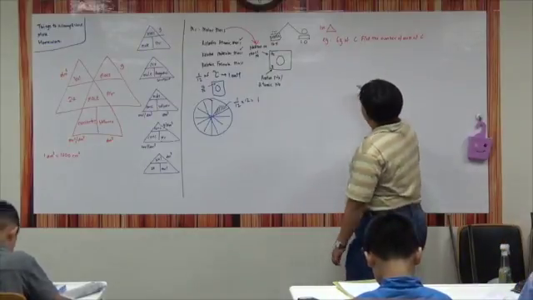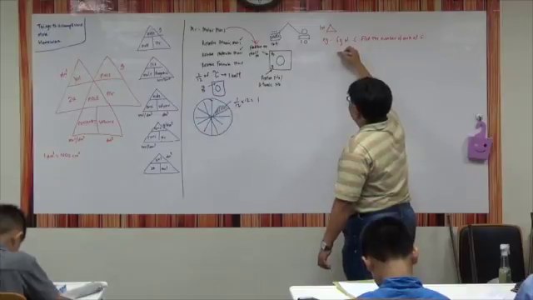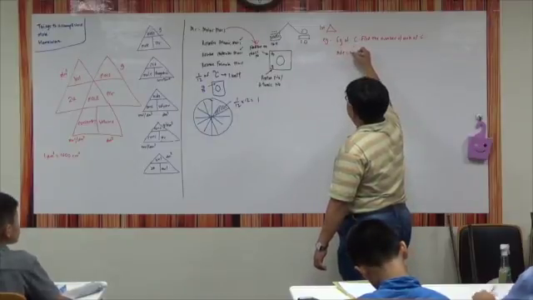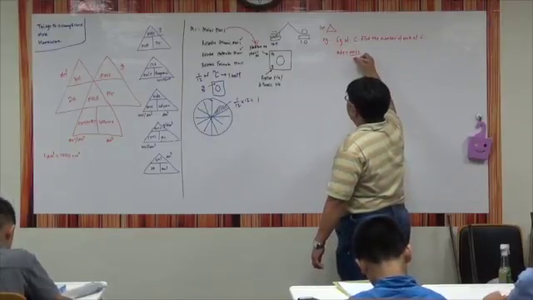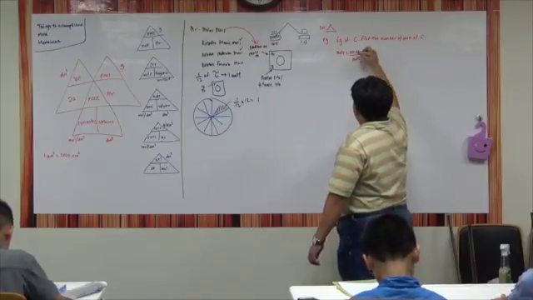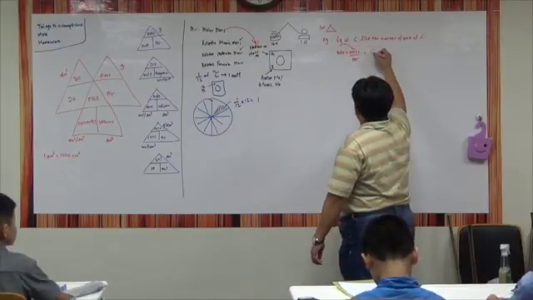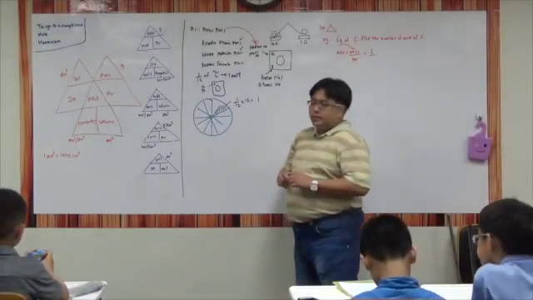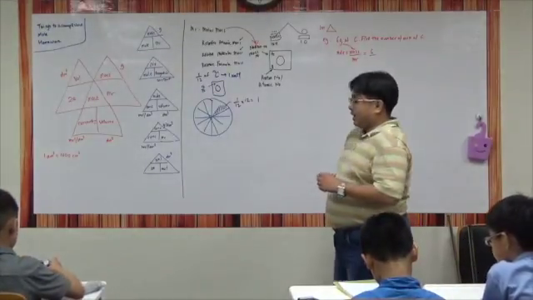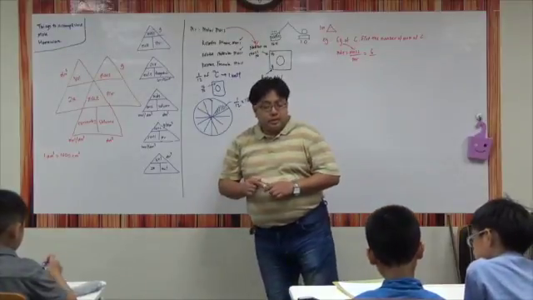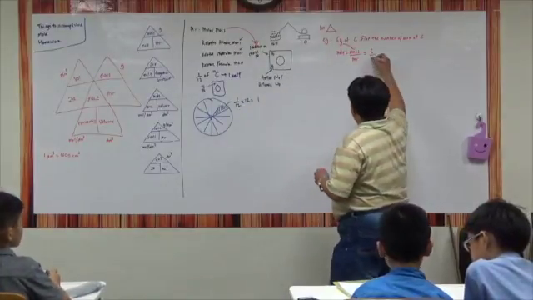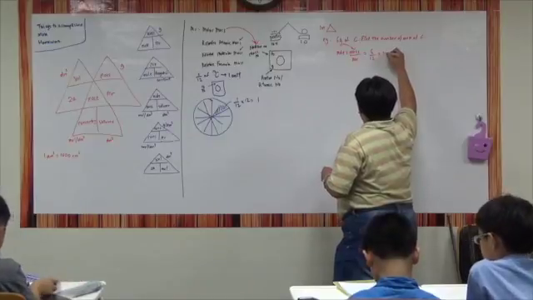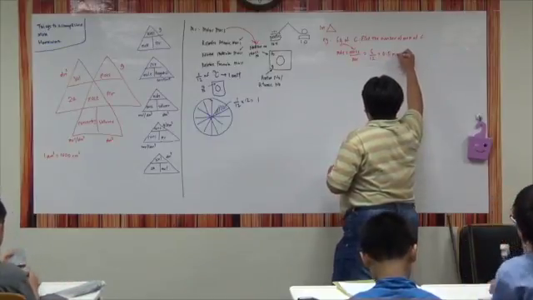It's very simple. You just see what is the mole formula. So the mole is equal to mass divided by the Mr. The mass is given, which is 6. So it's 6 divided by... you go to your periodic table, then you check what is the Mr of carbon. The carbon is 12, right? So 6 divided by 12 is 0.5 mole.